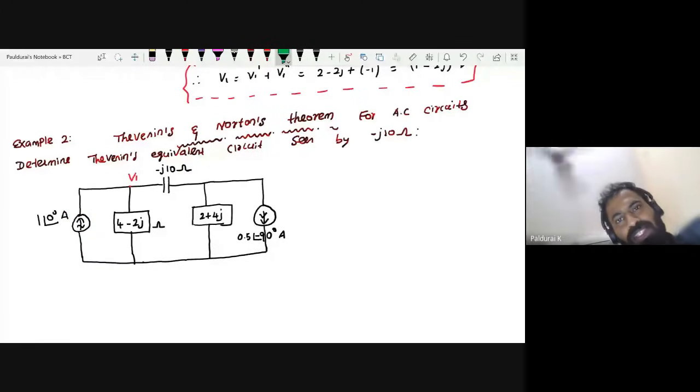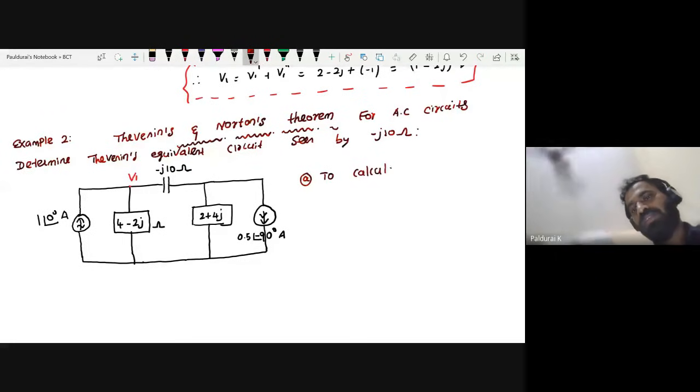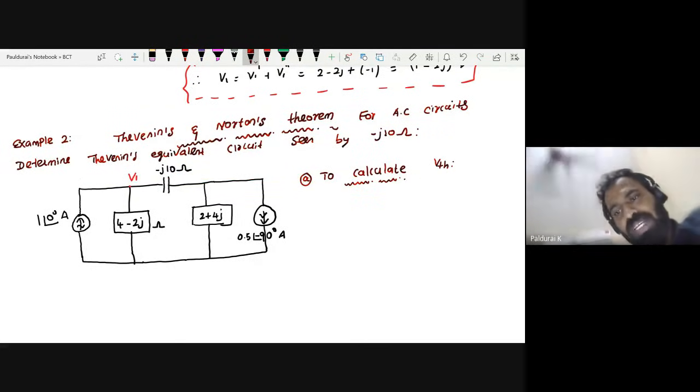First, I want to calculate VThevenin. Can anyone help me with the procedure to calculate VTH? I forgot the method, please help me.